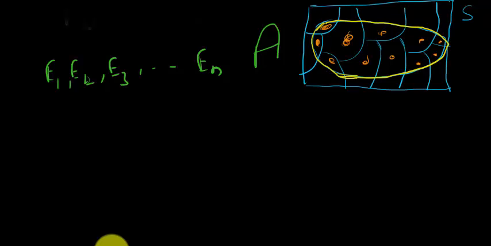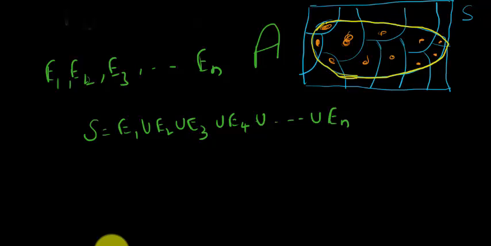Okay, which means that the sample space can be written as E1 union E2 union E3 union E4, and goes on, union En.